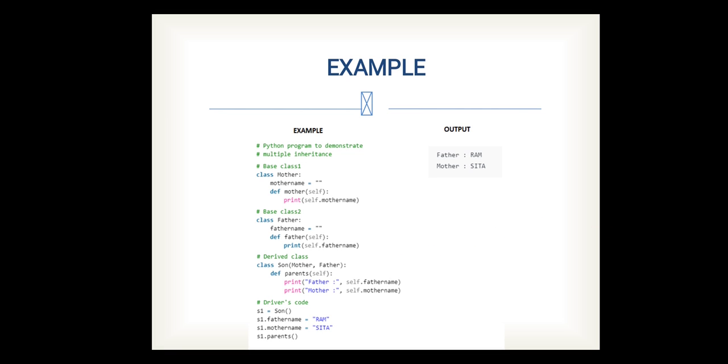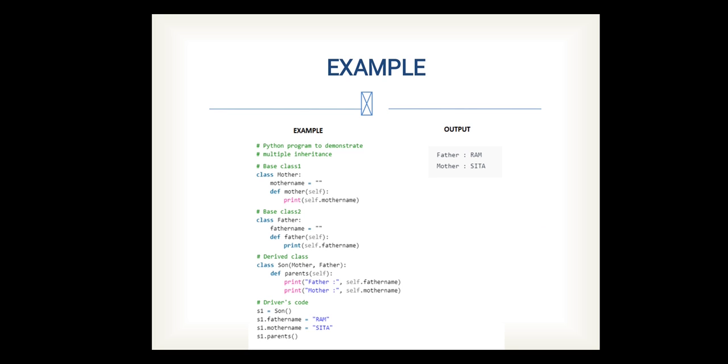So here the classes Mother and Father are two parent classes, and those classes are inherited in the child class, that is Son. Now here we are directly going to create an object of the Son class, and we are passing the parameters for father name and mother name, that is Ram and Sita.